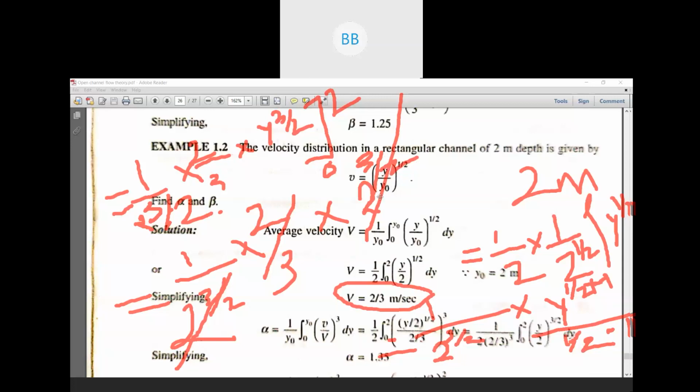And capital V we have to replace by 2 by 3, which we have already calculated. The alpha value you are going to get is 1.35.